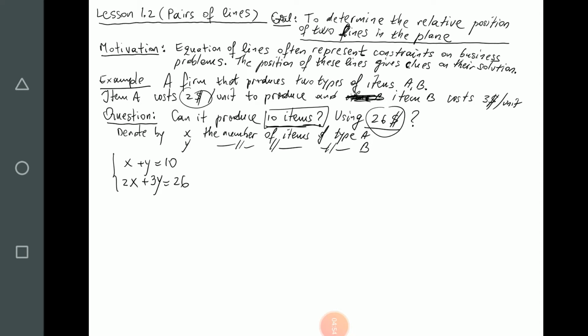I want both of these conditions to happen at the same time, which means we form a system of two linear equations.